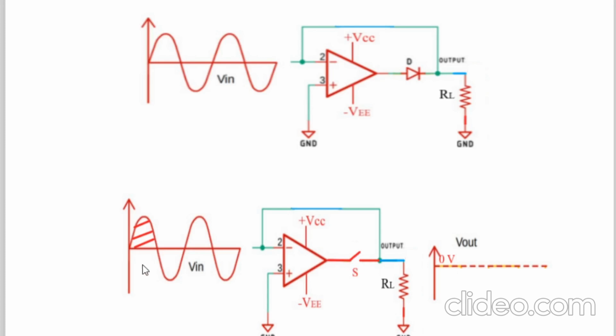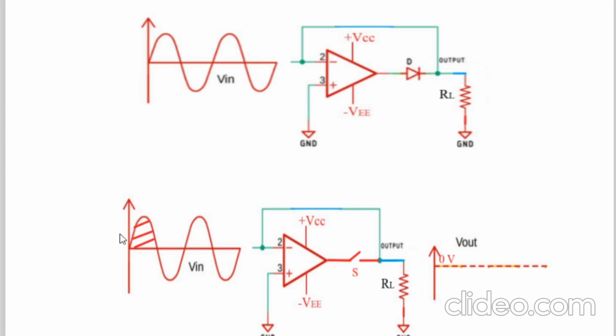Therefore, as soon as the positive half cycle goes to 10 millivolt, the entire circuit behaves like this, where the diode is behaving as an open switch. And therefore, when the diode is an open switch, current will not flow through RL and the voltage will be 0 volt.